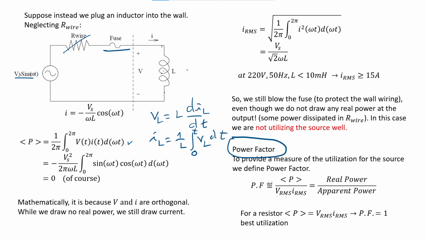Let's say you have a genset, an engine with a generator. The generator can generate, let's say, 1 kilowatt, but when you use it with a heater that consumes only 500 watts, which is half, the power factor is only half.